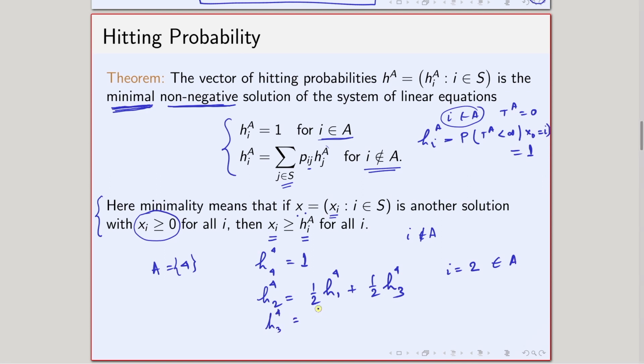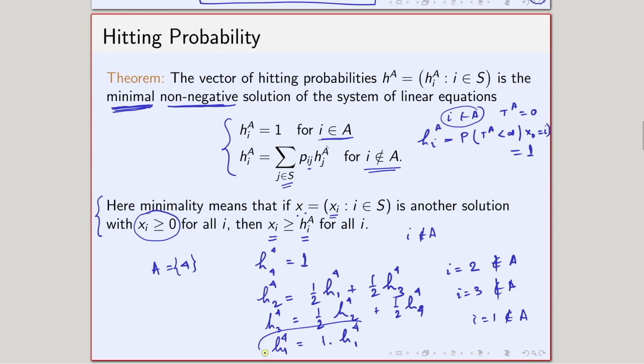H_3^4 I can write as half H_2^4 plus half H_4^4. Again in this case i is 3, which does not belong to A. What about H_1^4? Again i equals 1 does not belong to A, but the problem is that from 1 I can only go to 1, so it is basically 1 times H_1^4.